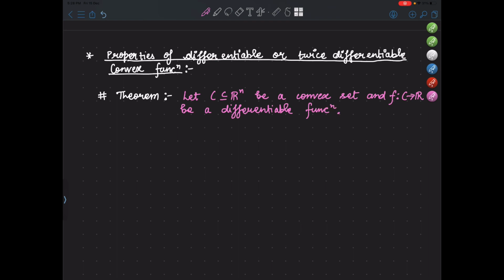Now let g of x represent the first derivative of f of x.